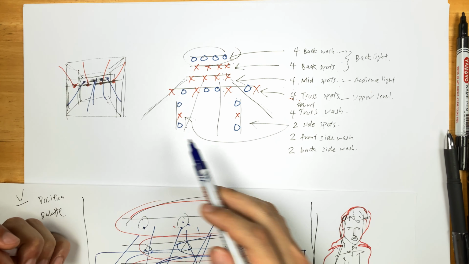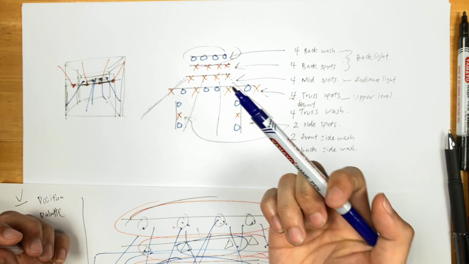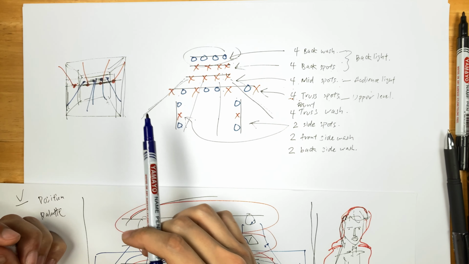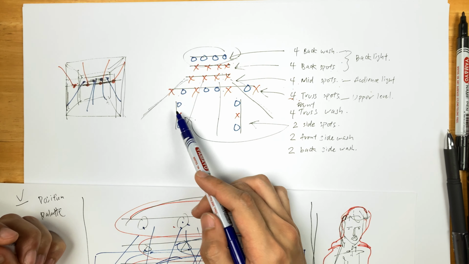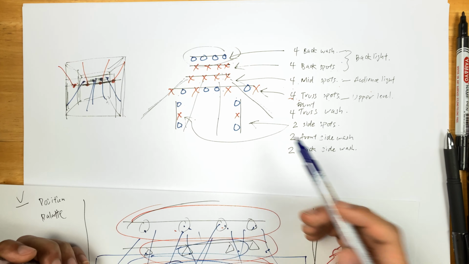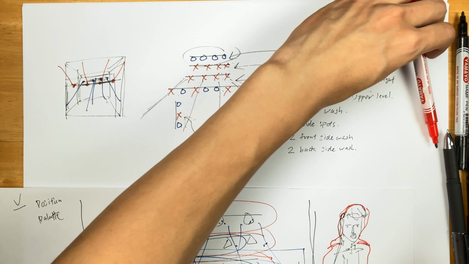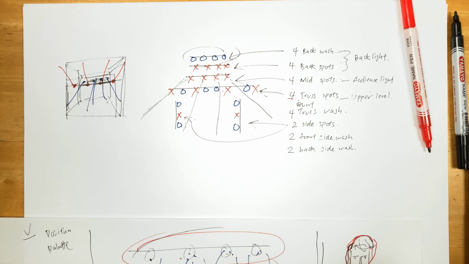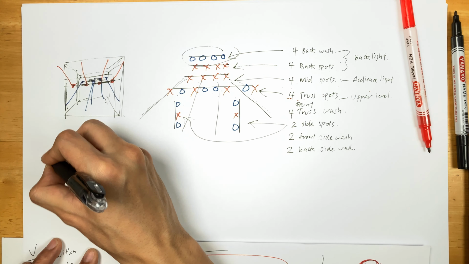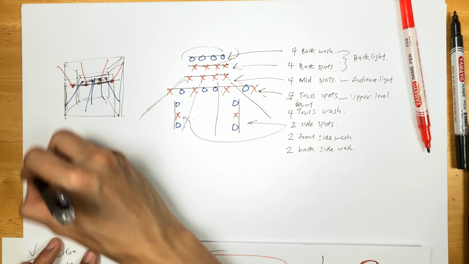So yes, they do have a house light, but because of preference at B, they prefer to use these moving heads as like a house light. So what we're gonna do is let me draw another of this 3D. I will make a better 3D.